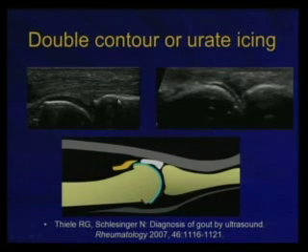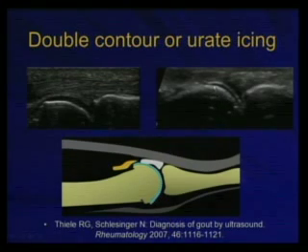So let's go here in the normal side. You can see the metacarpal head. You can see the hyaline cartilage, and you can see the volar plate, which is fibrocartilage. Then you can see the FDS and the FDP. In patients with gout, you have superficial deposition of crystals, so you will see a white line on the surface of the cartilage.